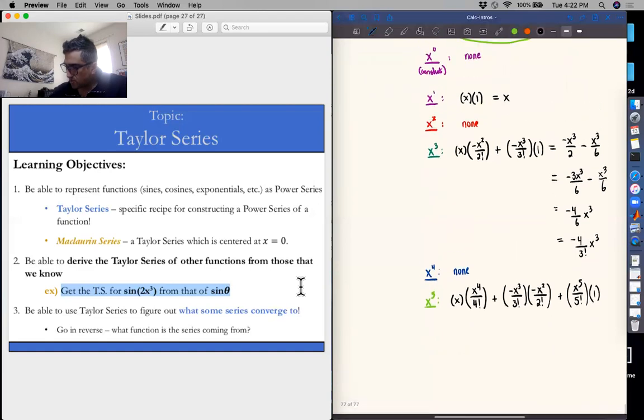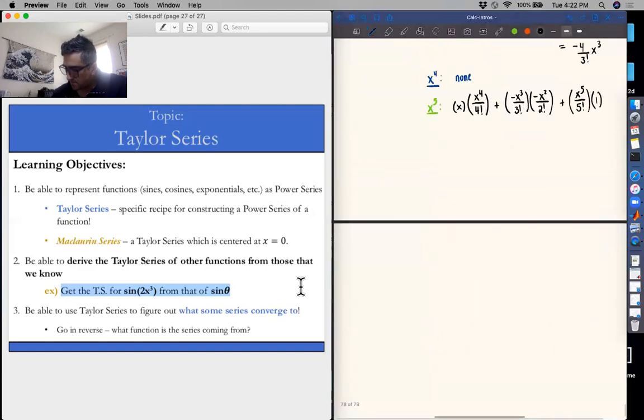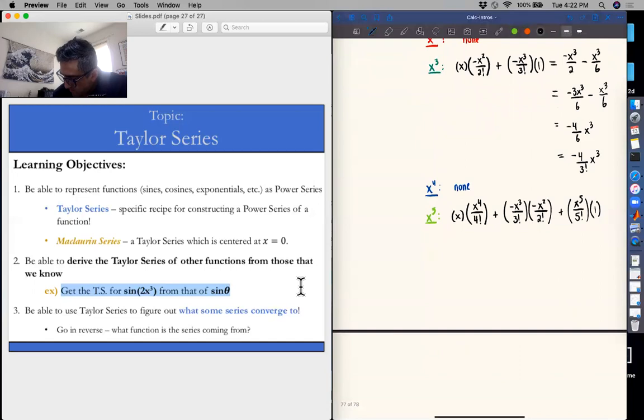All right, so let's just do a little bit of simplification here. So this first term, what we really have is an x to the 5th all over 4 factorial, or 24. This second term will have a negative times negative, so it's a resulting positive. And that's an x to the 5th over 3 factorial, which is 6, times 2 factorial, which is 2. So that is over 12.